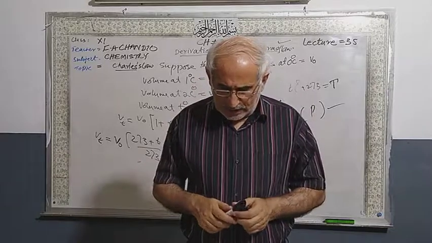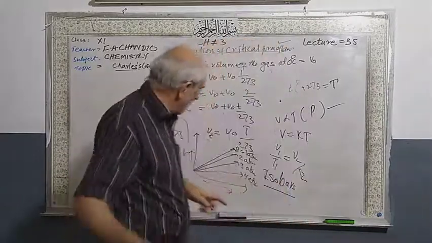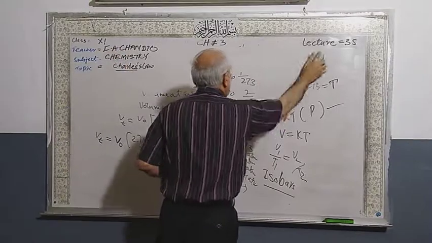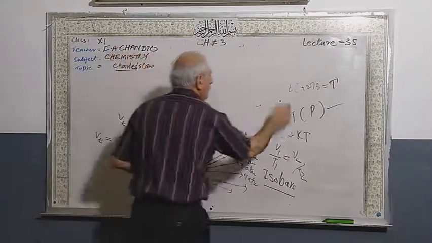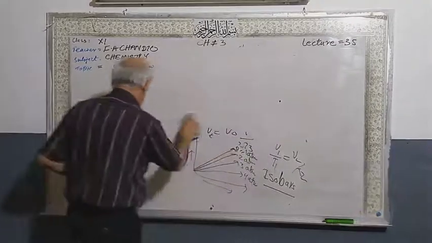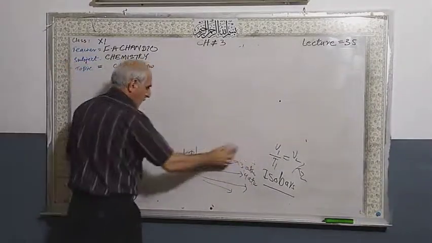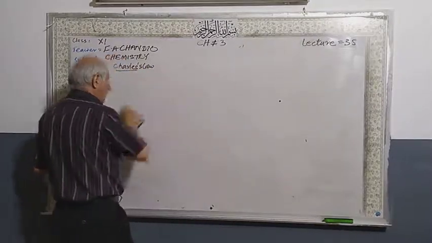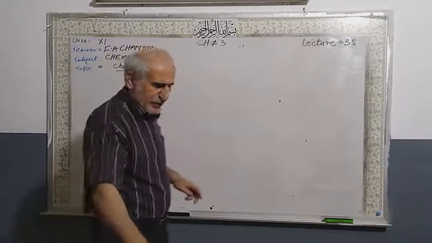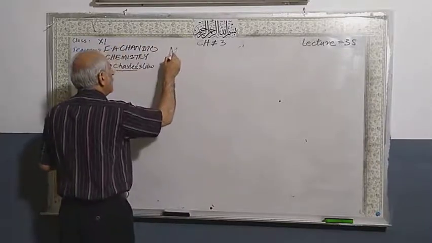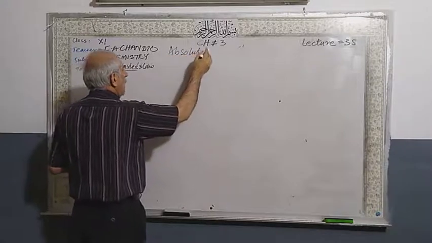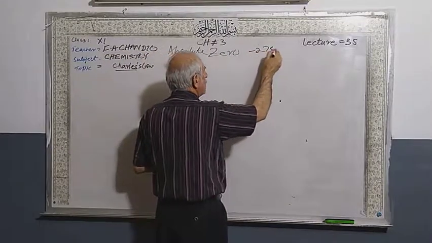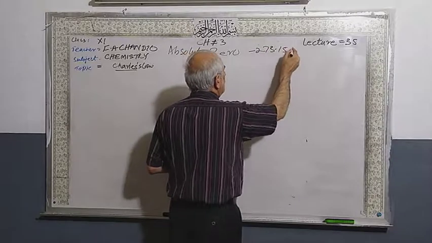Dear students, we discussed absolute zero. I told you minus 273.15 degrees Celsius is called absolute zero, which is the lowest temperature for gases.